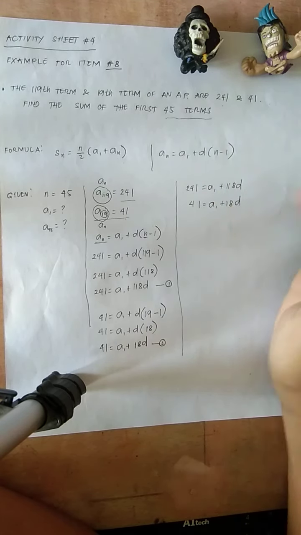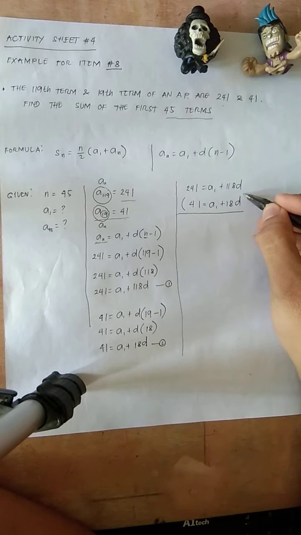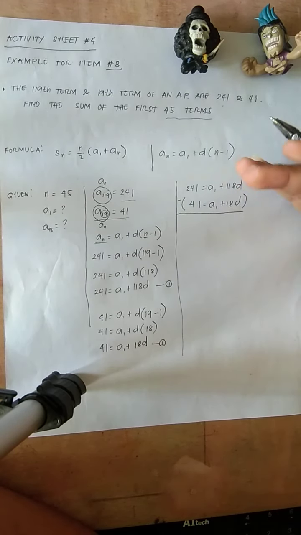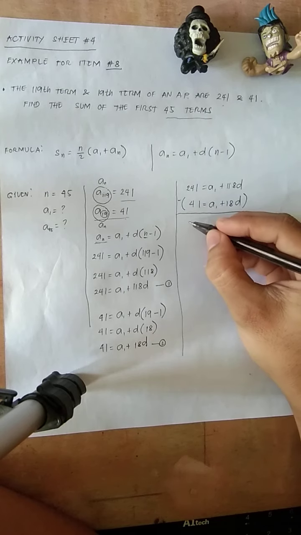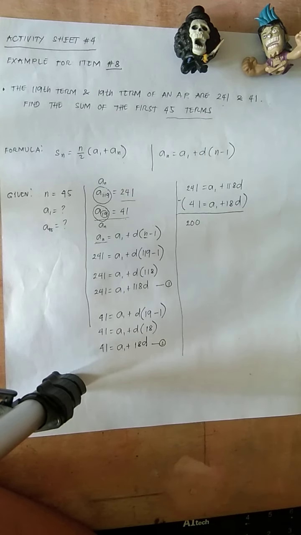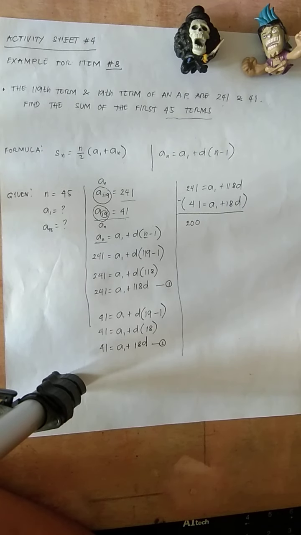If we subtract these two equations, then what we're going to have is 241 minus 41, we will have 200.